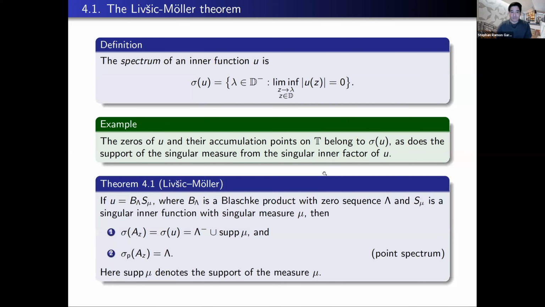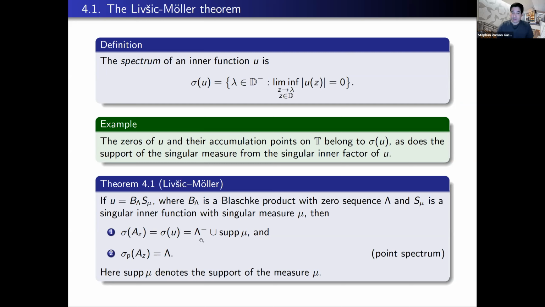An important theorem here, the Livshits-Miller theorem, says that if u is written as a Blaschke product with zero sequence lambda and singular inner factor S_mu, where mu is a singular measure, then the spectrum of the compressed shift on that model space equals the spectrum of the inner function as defined above, which is, of course, why they called it the spectrum of the inner function.